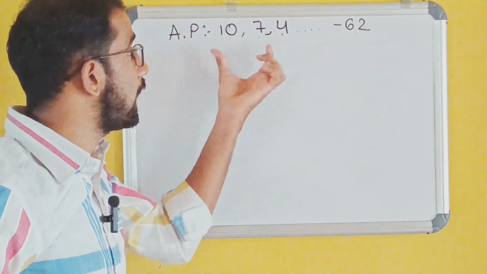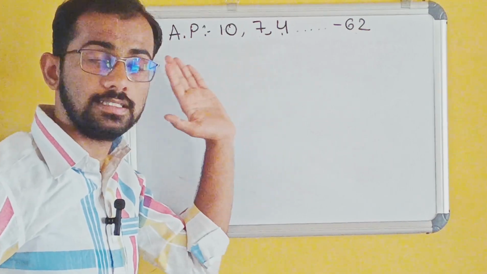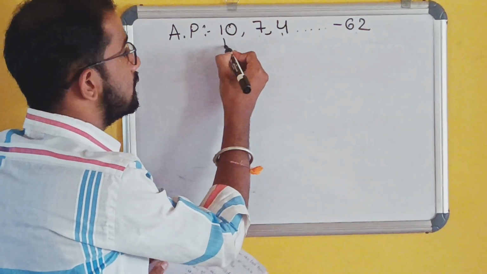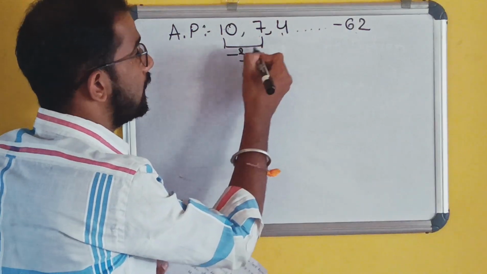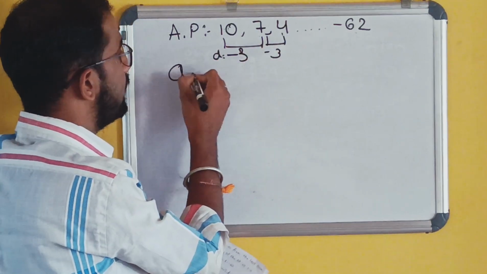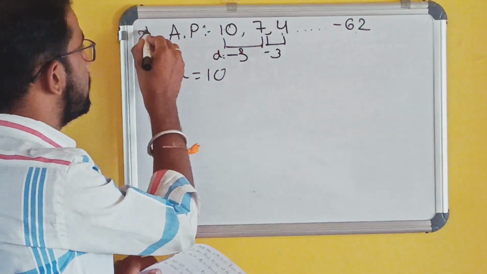If we have to calculate the 11th term in the same given order, let's see how. The common difference is minus 3, and a is 10. This is the second method.